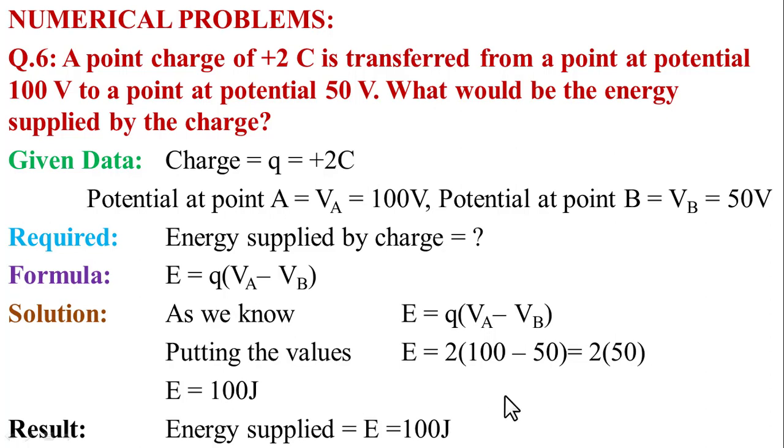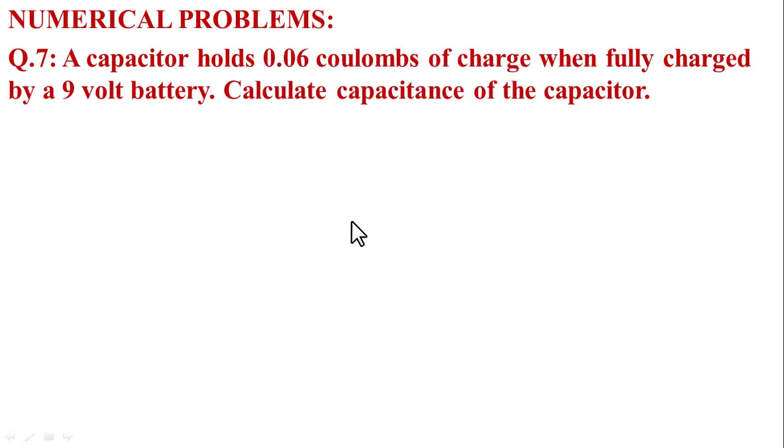Now the next numerical problem, question number 7. Given statement: a capacitor holds 0.06 coulomb of charge when fully charged by a 9-volt battery. Calculate the capacitance of the capacitor.